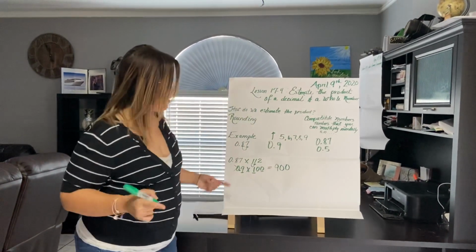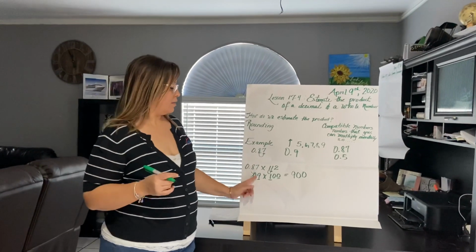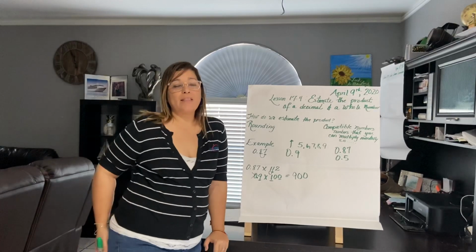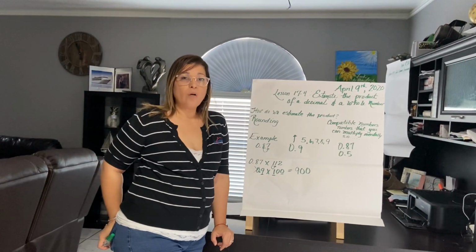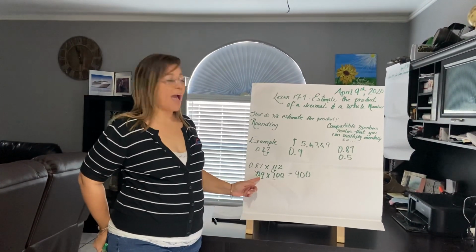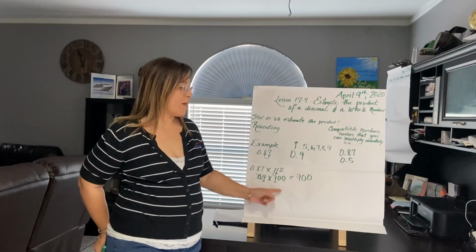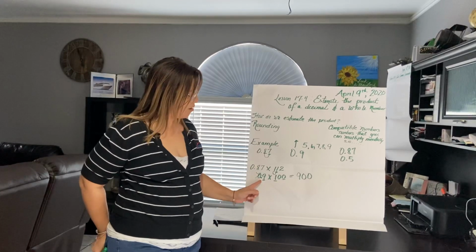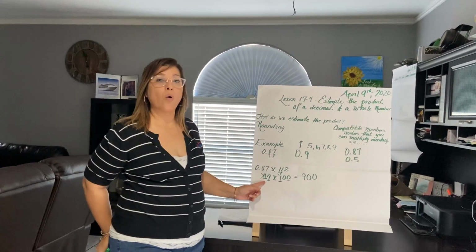Now, what happens with my decimal? Well, every time we are finding the product of a decimal and a whole number, the number of digits behind the decimal is going to be the same amount that we should have in our product. So if we look here, after the decimal, how many digits are there? 1.